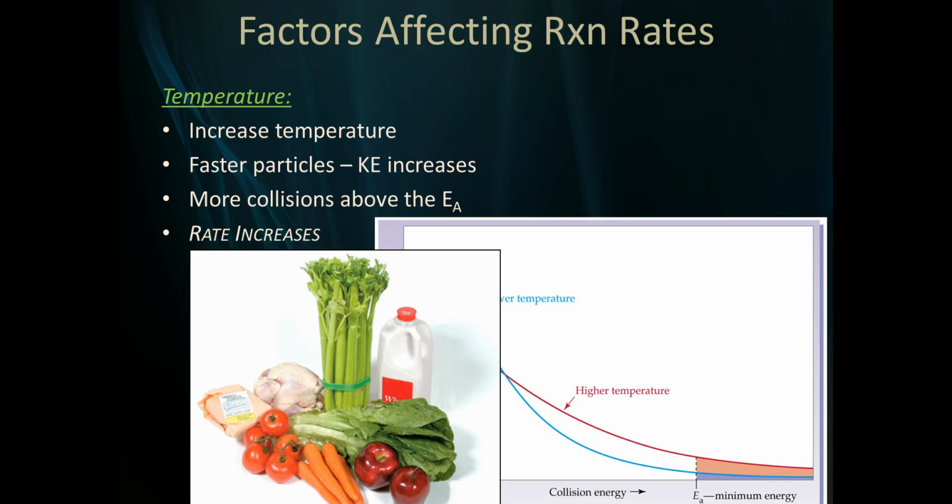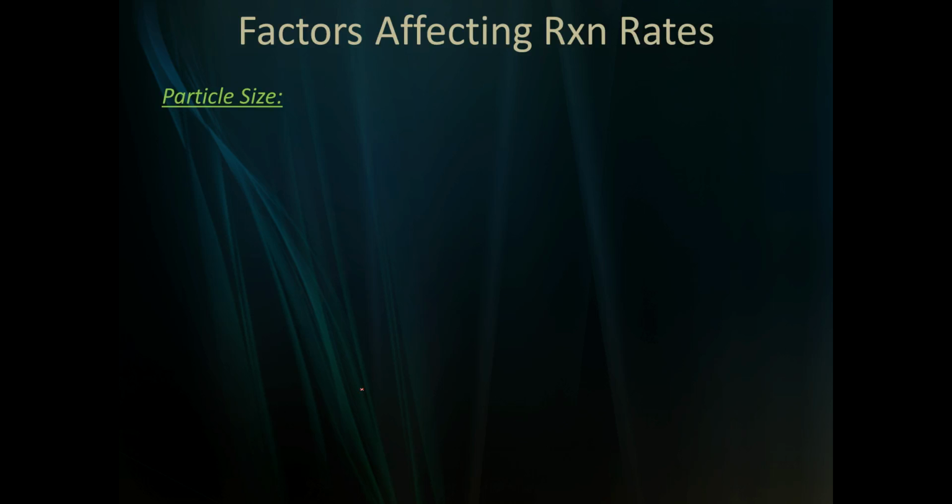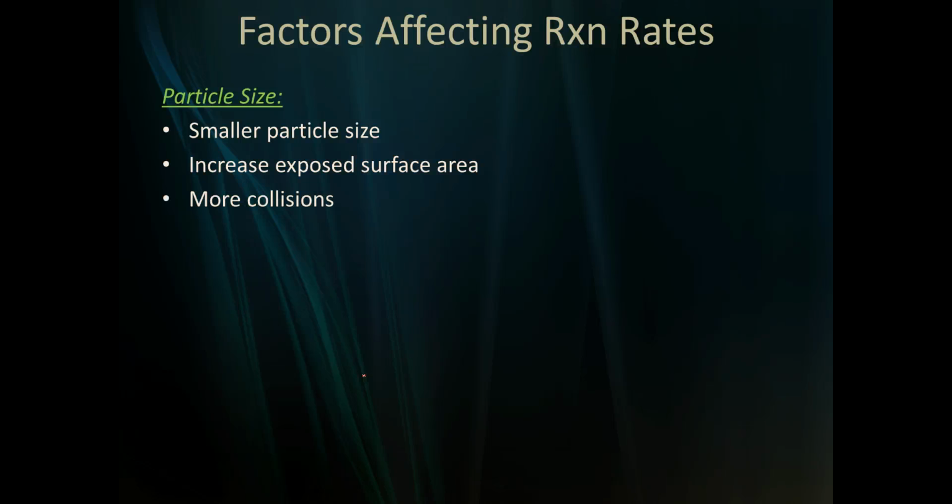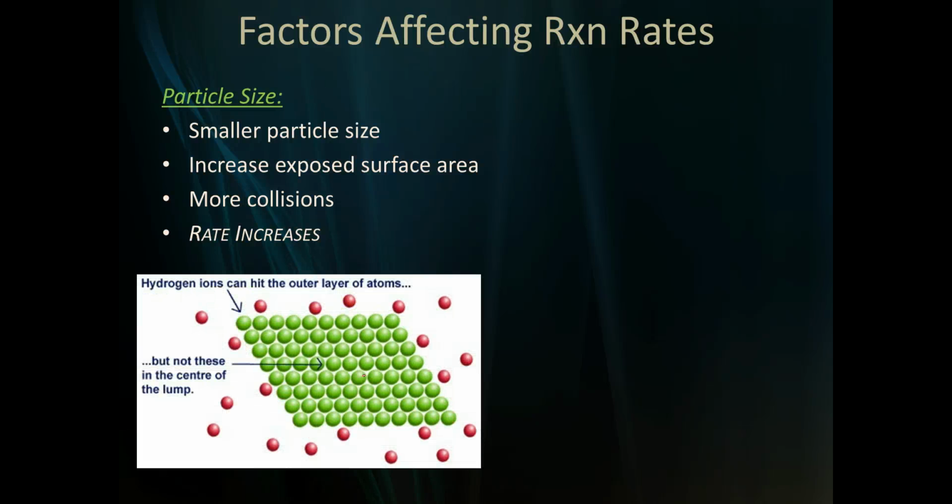Next thing is particle size, and you should have seen that as well in the lab. Smaller the particle size for the same mass sample, what you're really doing is exposing more surface area, thereby increasing the number of collisions. More effective collisions, rate increases. Easy peasy.